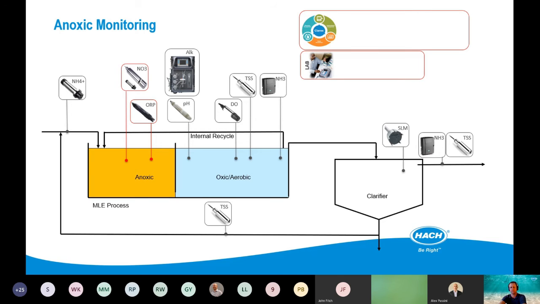And one of the things that we try to recommend then, if you've understood what's going on from a general sense with ORP, because of all of the potential influences from other chemistries in the water, we recommend for very tight analysis of specific functions as it relates to denitrification to use a UV parameter, which measures the actual parameter, or an ion selective electrode in this location.